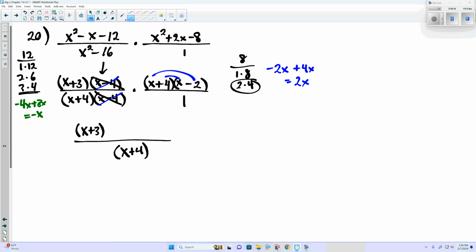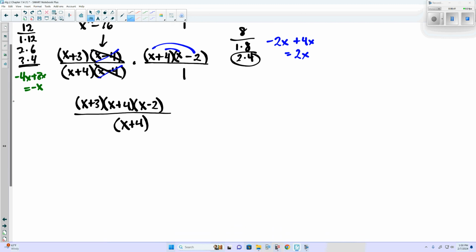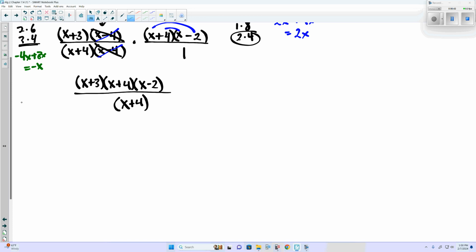Our numerator, what we have left when we multiply, is x plus 3 times x plus 4 times x minus 2. Well, now we have something in common on top and bottom, our x plus 4. And when that reduces, we're left with x plus 3 times x minus 2. Since they were left in the numerator, we don't have to write a denominator of 1, it's just understood.